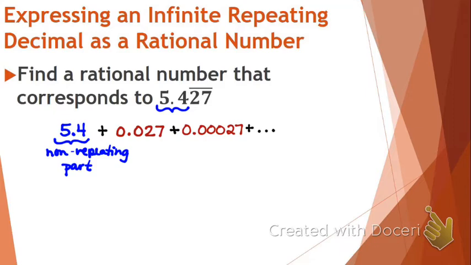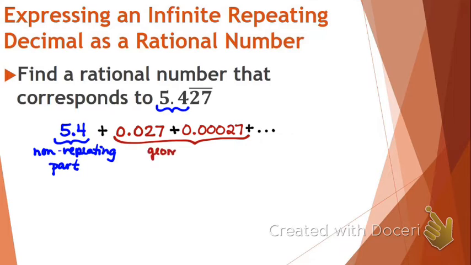Okay. We're going to deal with the part that I wrote in blue, the non-repeating part, later. Right now, I just want to focus on the repeating part. The repeating part represents a geometric series.